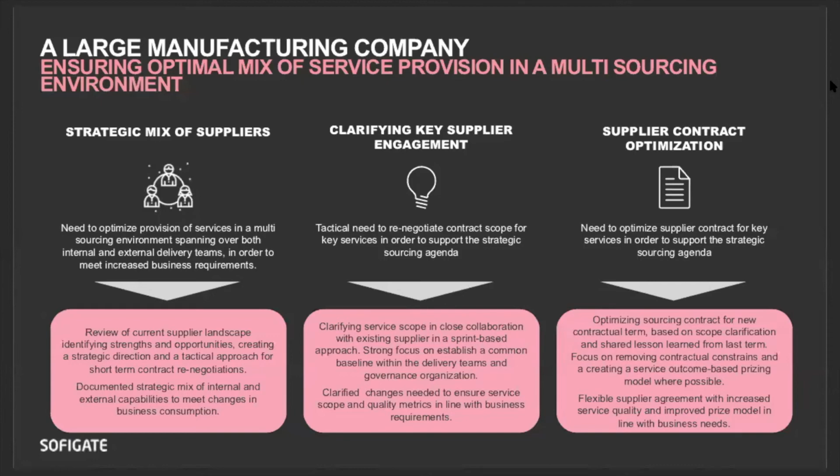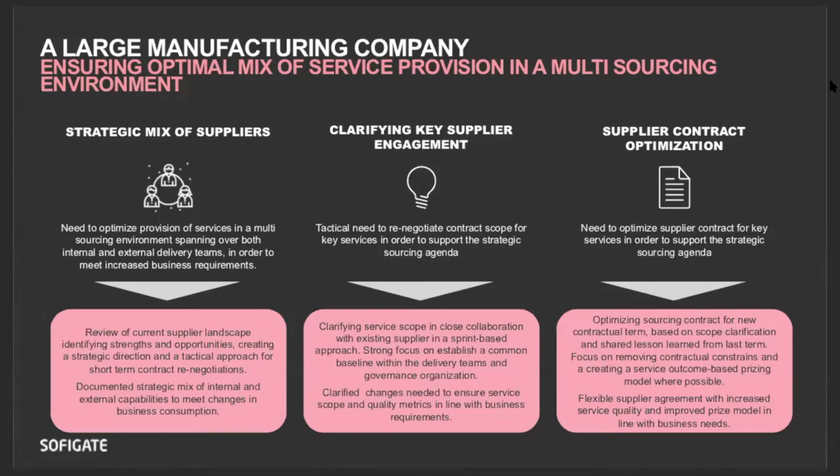Based on this view and a strategy for how to move forward, there were some immediate things that needed to be taken care of. So we looked into a couple of specific supplier engagements, where we took a joint approach with those suppliers and looked into how we could best utilize their strengths.